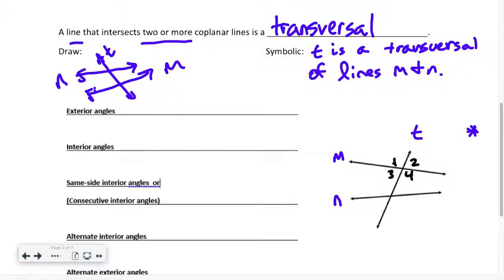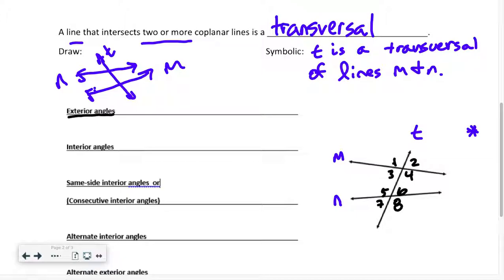And then when T intersects N, there are 4 more. So in total, we got 5, 6, 7, 8 angles created here. For this lesson and the next as well, we're going to talk about some specific angles and angle relationships that can exist when we have transversals. All right, so let's get into that.